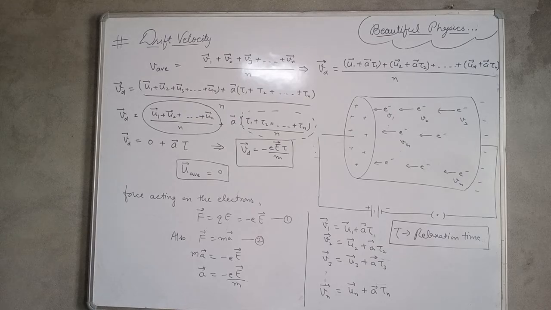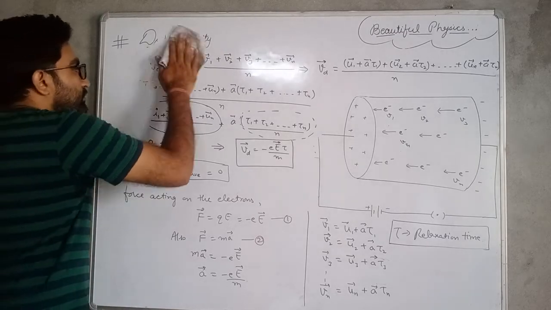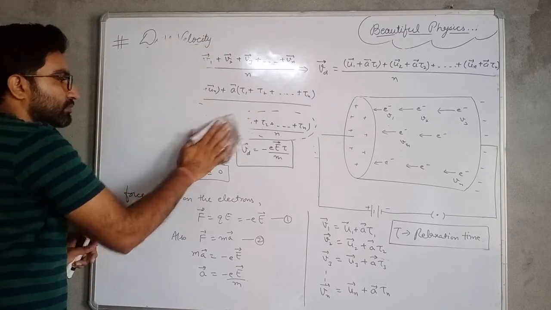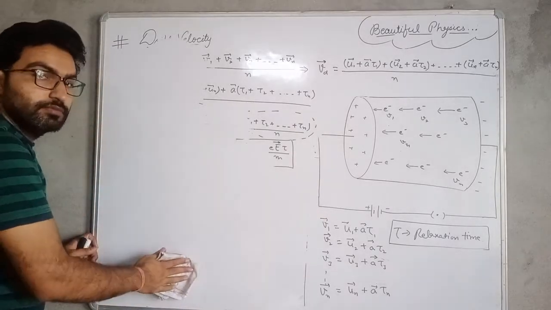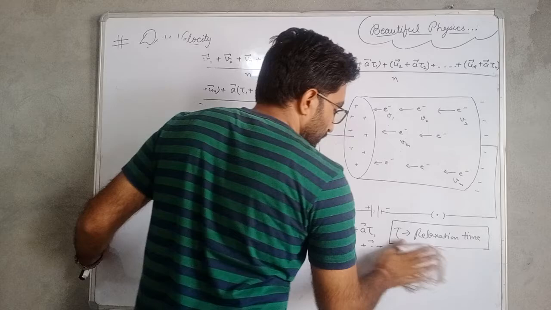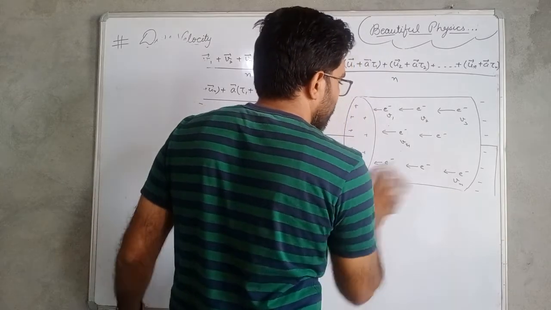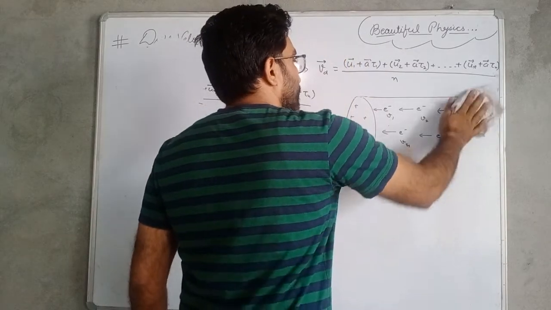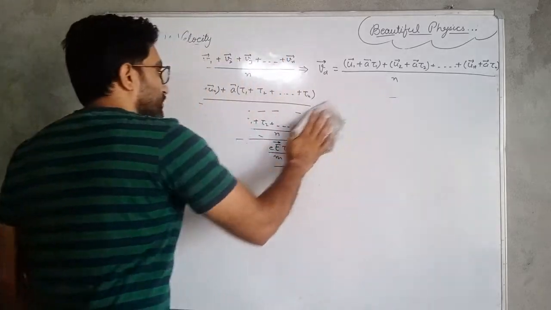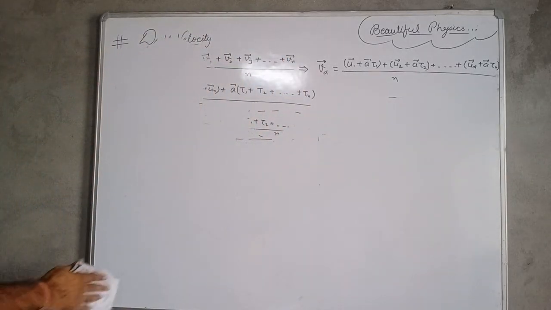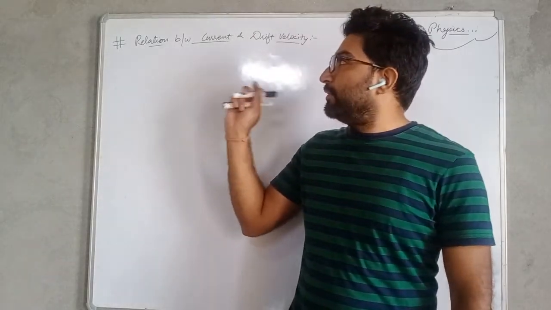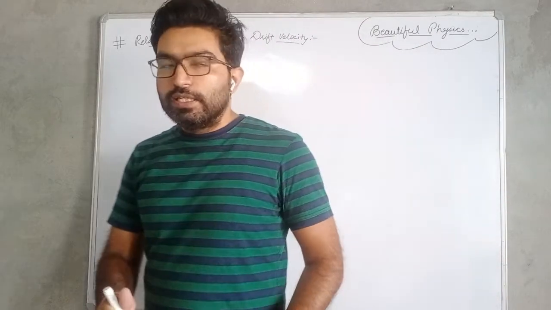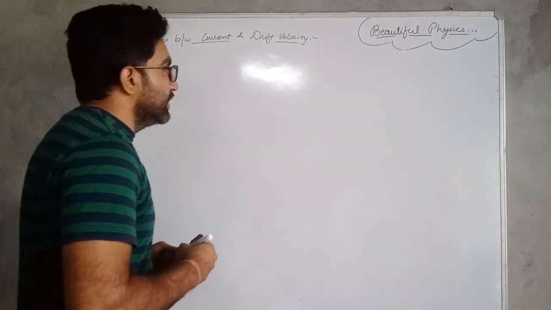Our next topic is the relation between electric current and drift velocity. Again we have to consider our conductor.